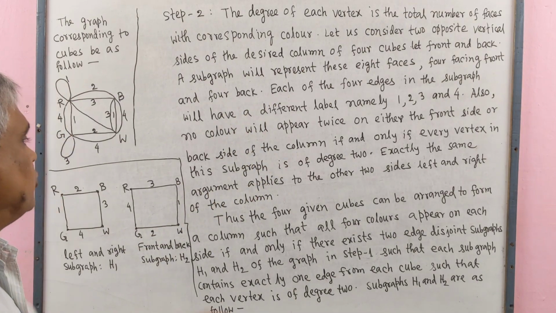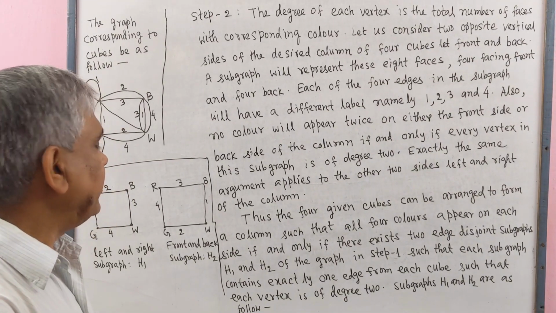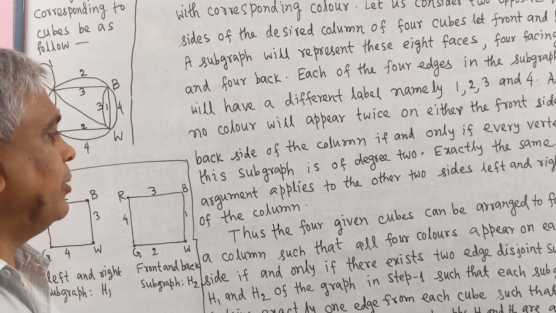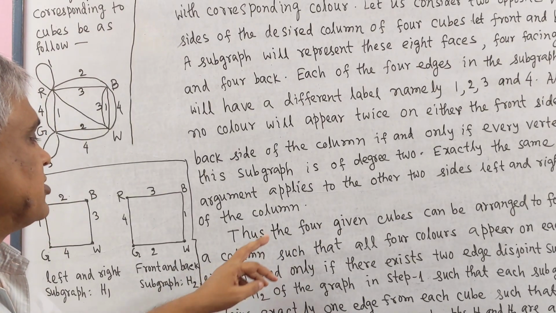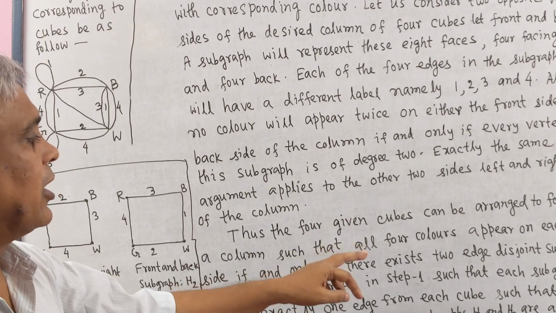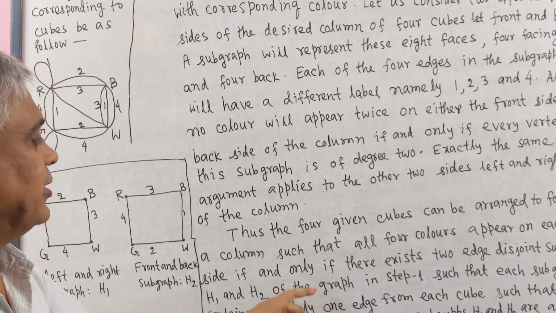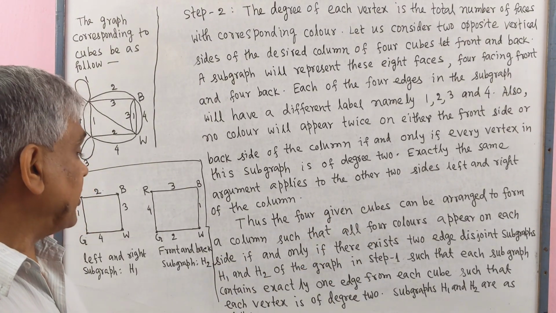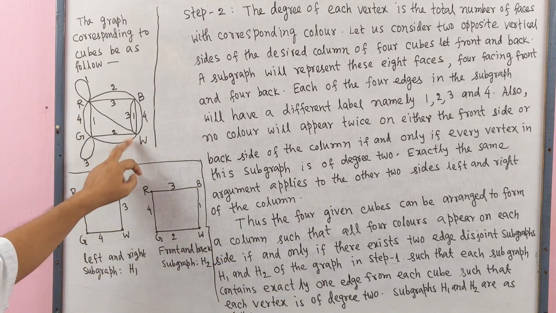Exactly the same argument applies to the other two sides, left and right of the column. Thus, 4 given cubes can be arranged to form a column such that all 4 colors appear on each side if and only if there exist 2 edge disjoint subgraphs H1 and H2 of the graph in step 1.